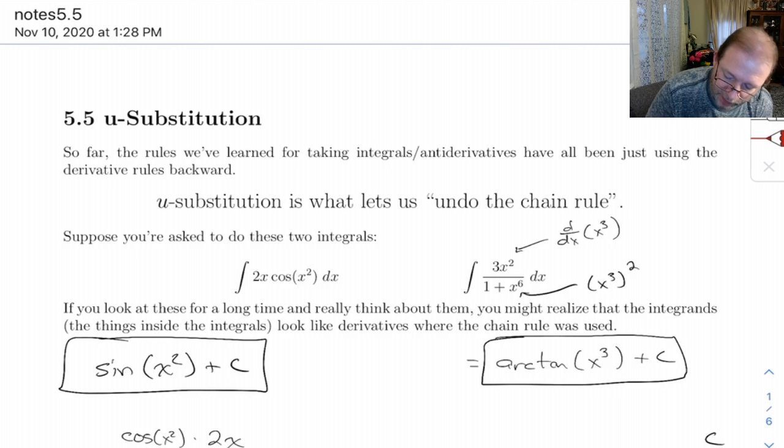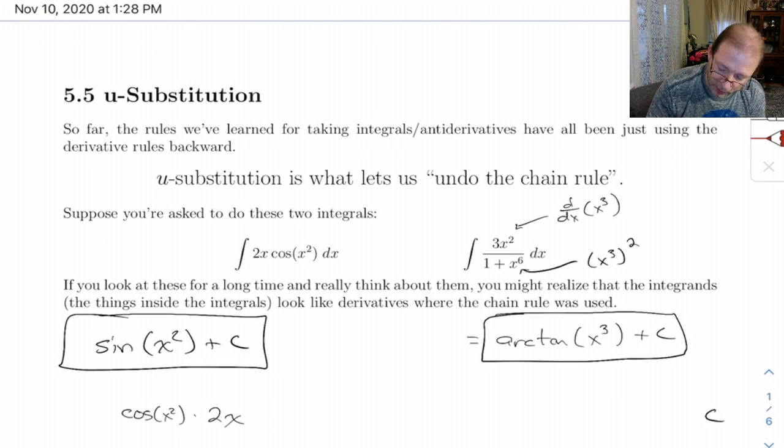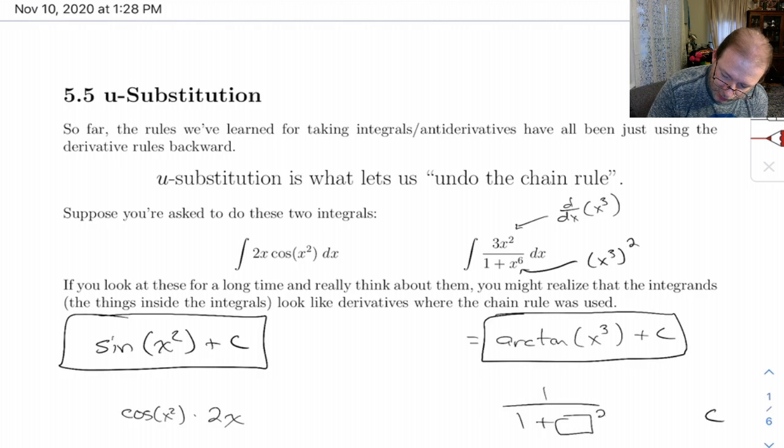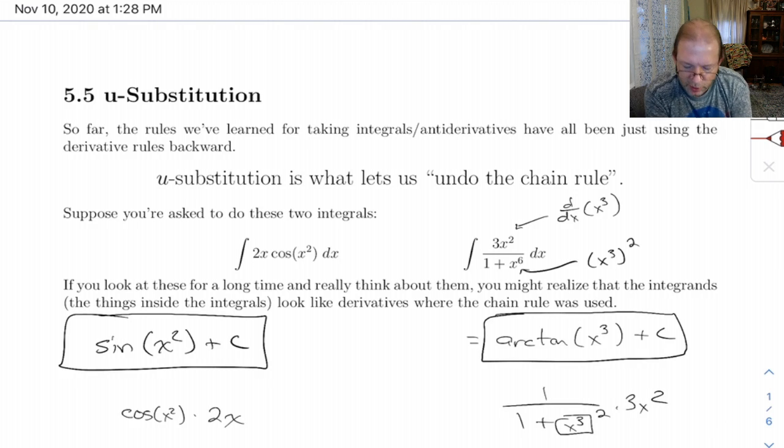Because if you took the derivative of arctan of x cubed, you get 1 over 1 plus whatever squared. This would be x cubed. That would give you x to the 6th. And then by the chain rule, you'd have to multiply by 3x squared. So anyway, these are two things that you could evaluate by undoing the chain rule.